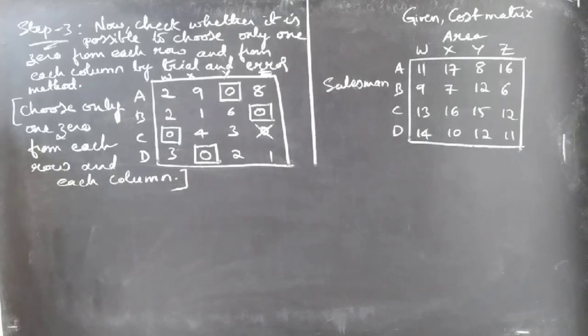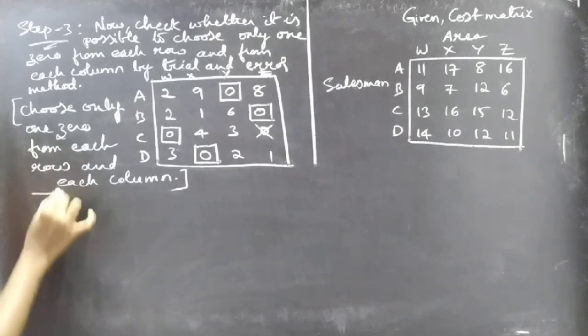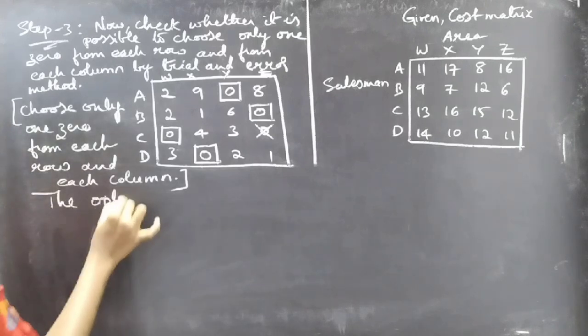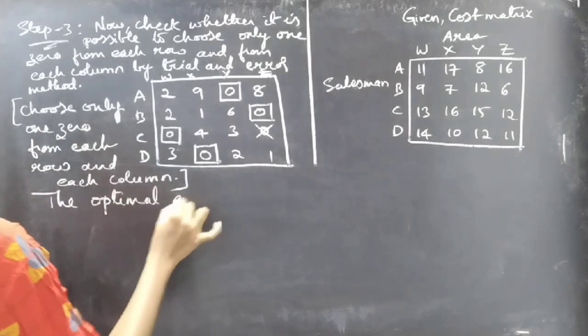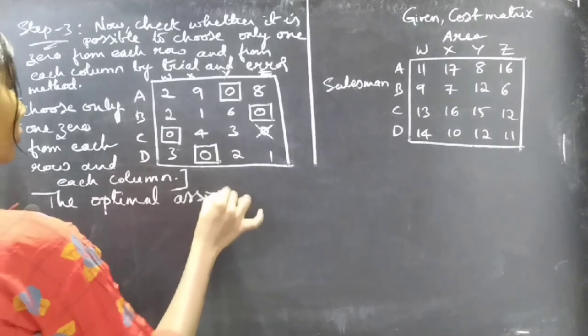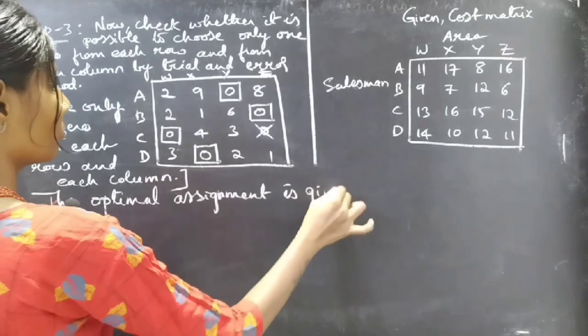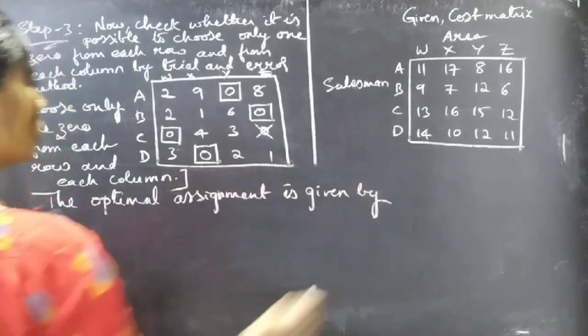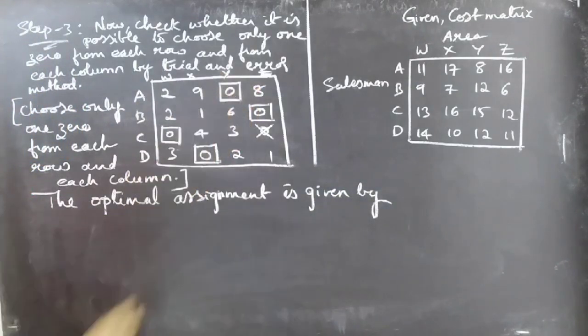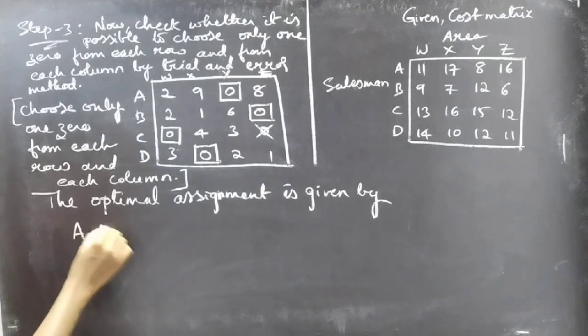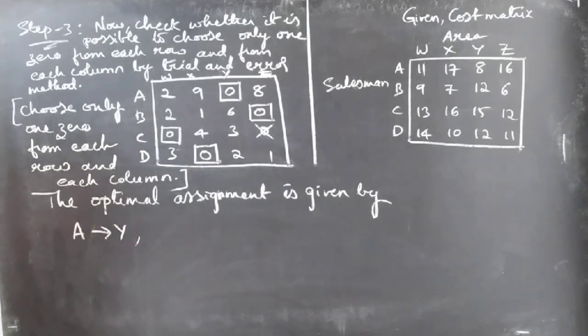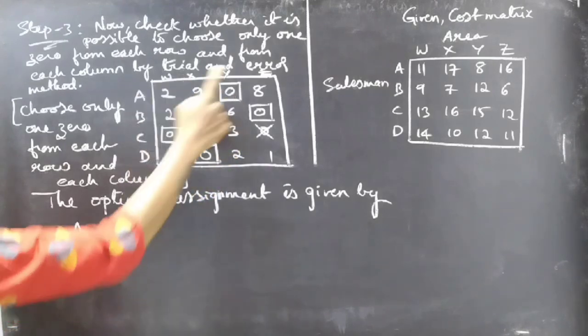Now let's find the optimal assignment. The optimal assignment is given by A to Y, because we have assigned 0 at A, Y, right?